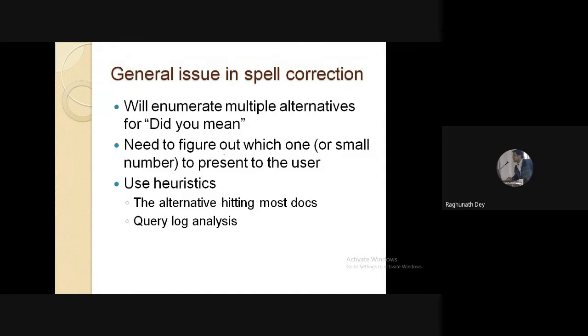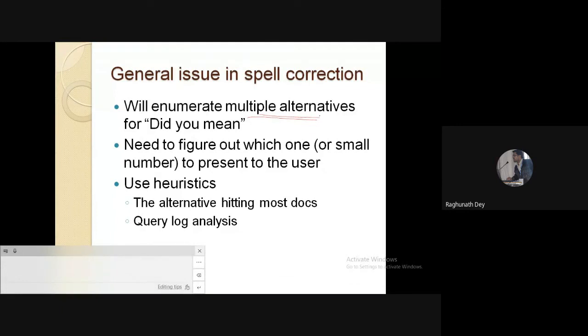So what issues have we found till now in spell correction? We may have multiple alternatives to suggest to the user. We should avoid suggesting several alternatives. We have to suggest, because the entry given by the user is wrong.